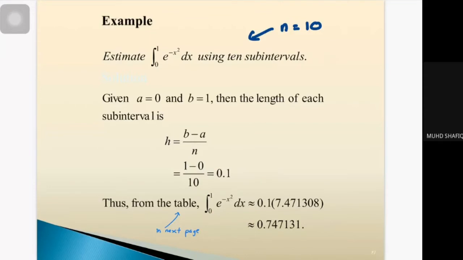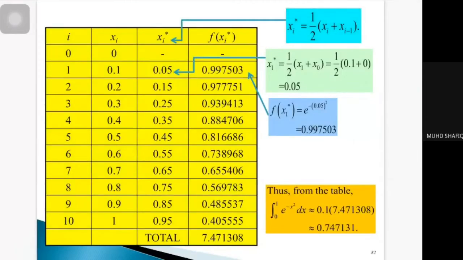This is your h. You can write down the values of your xi, xi star and f(xi star) in table form. So the first point is A equal to 0, and the last point will be B equal to 1. For i equal to 0, xi is 0, no midpoint, no f(xi star).